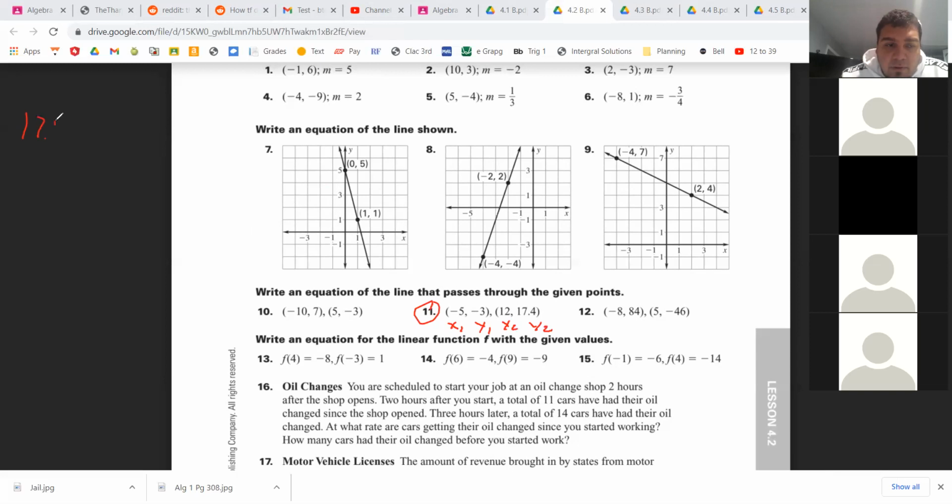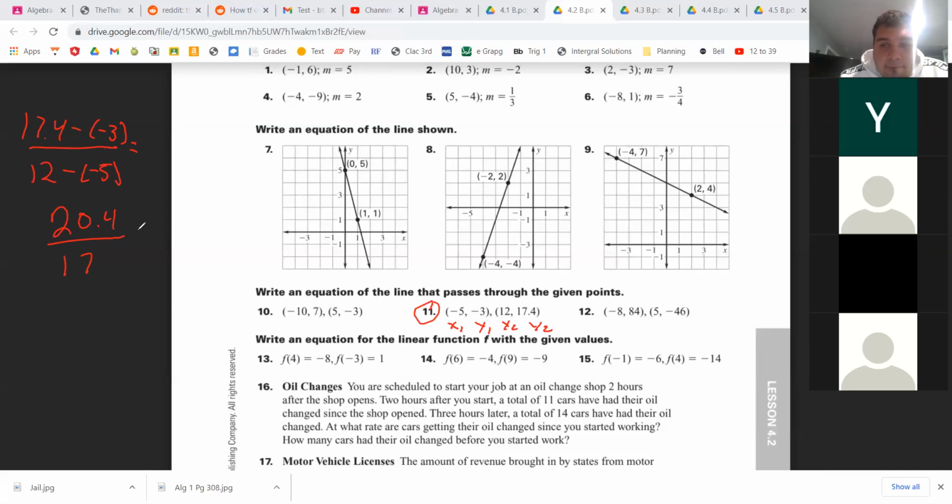So I got 17.4 minus -3, divided by 12 minus -5. On the top, I have 20.4. On the bottom, this is going to be plus 17. That's an annoying fraction. I don't think I can really simplify it. I won't give these types of fractions on the test.